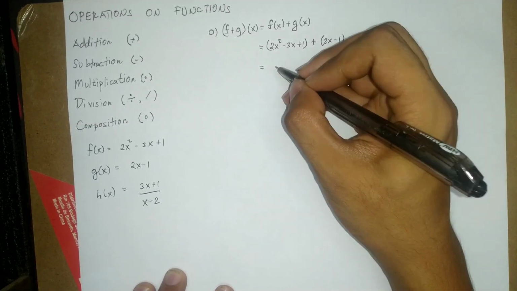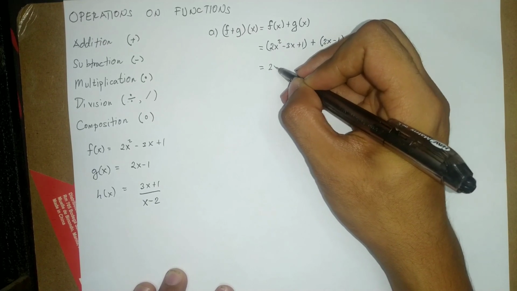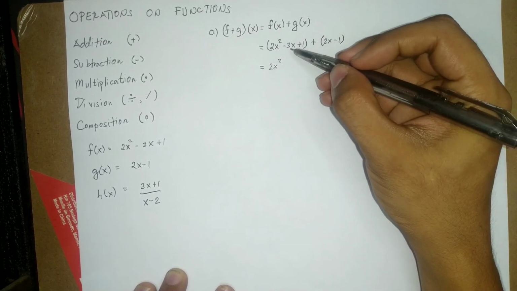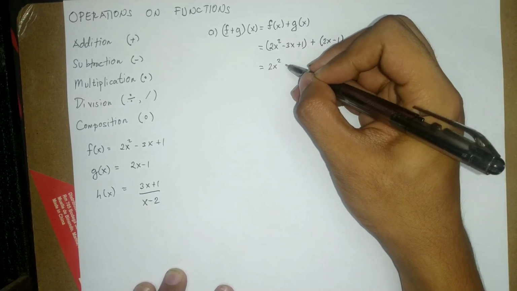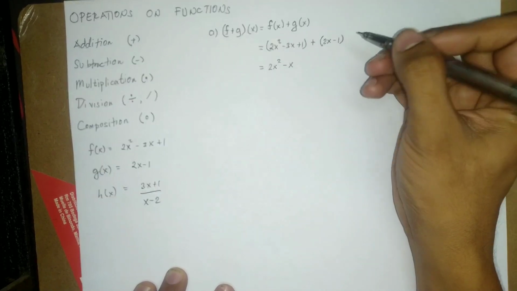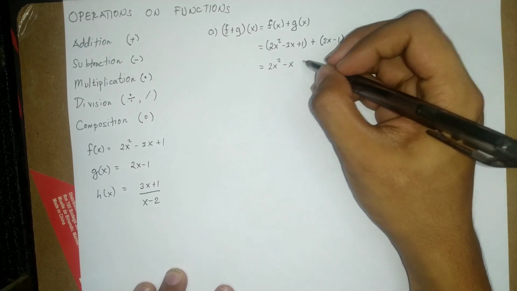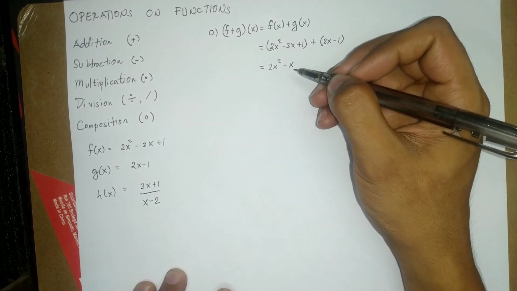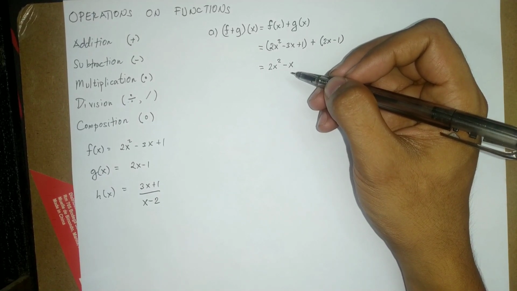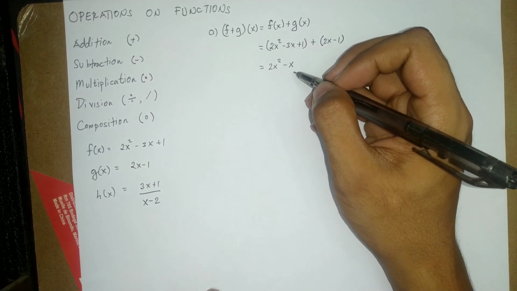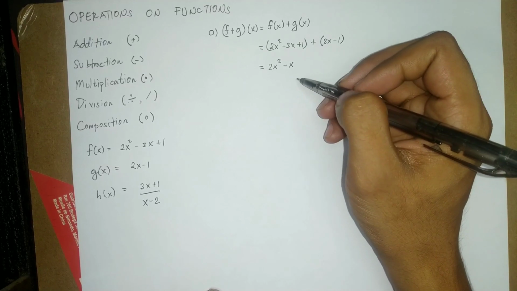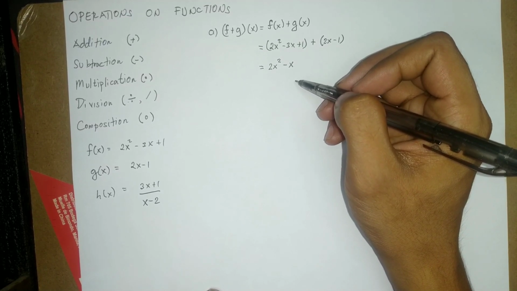Now 2x squared is alone, so we just copy it. Minus 3x is similar to 2x, so minus 3x plus 2x, you get minus x. 1 plus negative 1, you get 0. So the final answer is 2x squared minus x. Now do take note, you don't have to factor this. This is already acceptable as an answer.